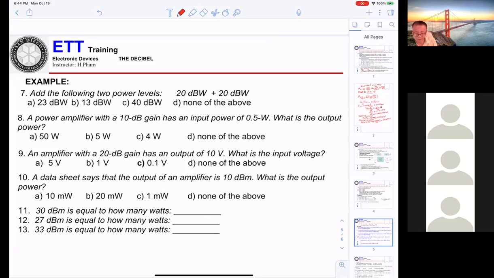Five watts. Okay, one student got 5 watts. If everyone gets that answer, that means you're okay. Get number 9, number 10, and the rest for me. So we're really done with decibels today.